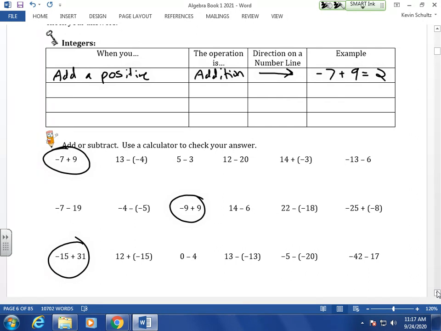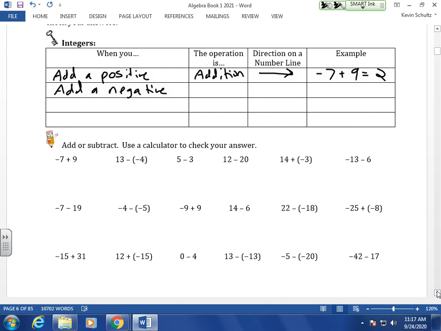How about when we add a negative? When we add a negative, give me an example of adding a negative here in the 18 we have down below. Noah. 13 minus negative 13. So that actually is not going to be adding a negative.